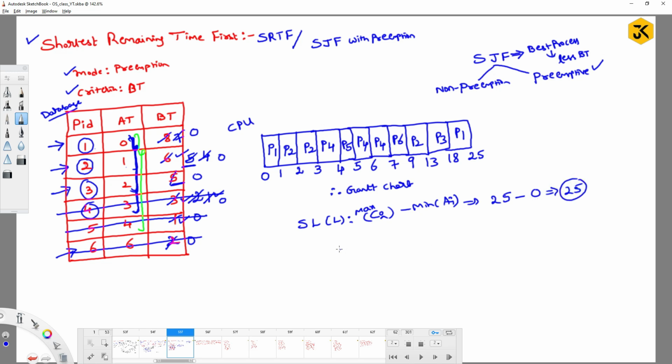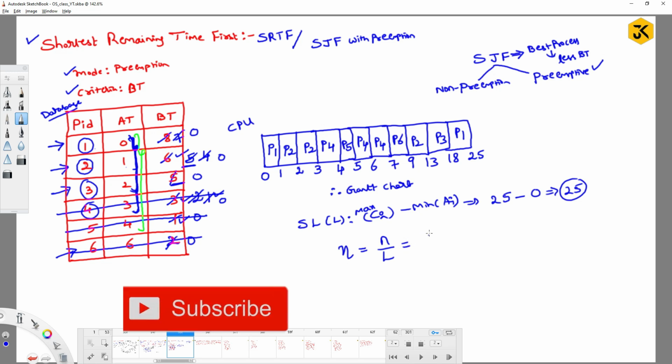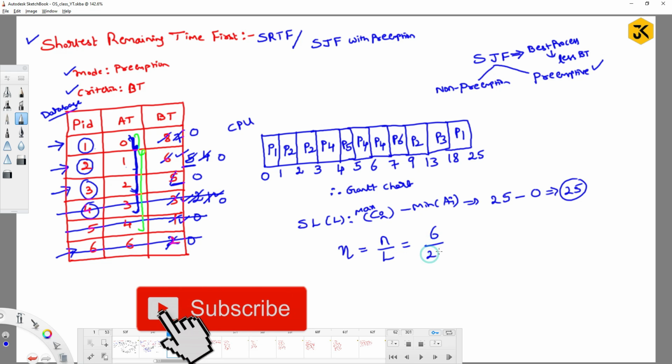Based on that, you can calculate throughput, which is N by L. If you want a clearer understanding, just go through the earlier videos. The total number of processes is 6 and the schedule length is 25. Like that, you can calculate various factors that you want.